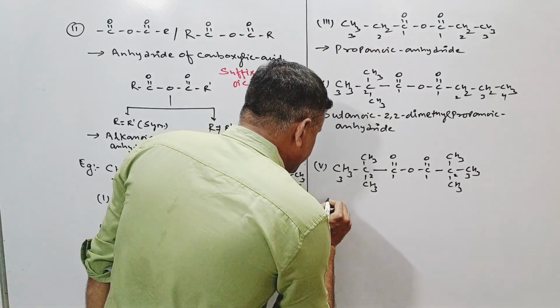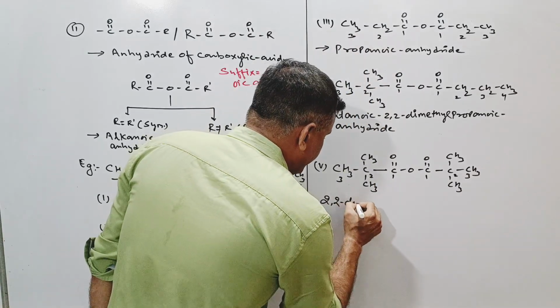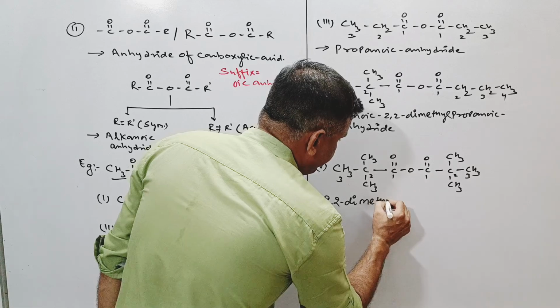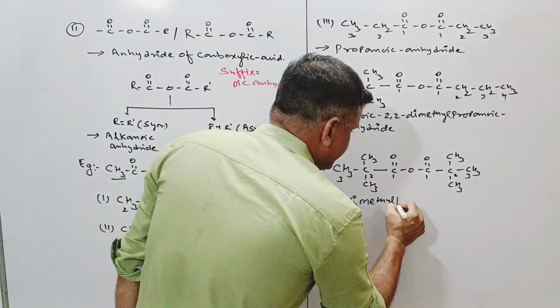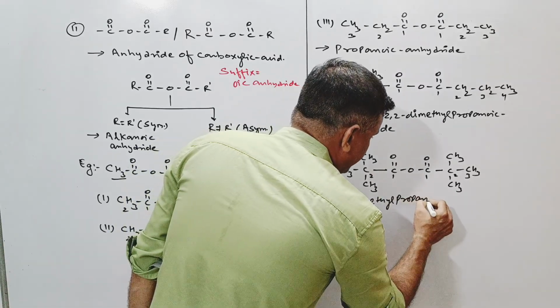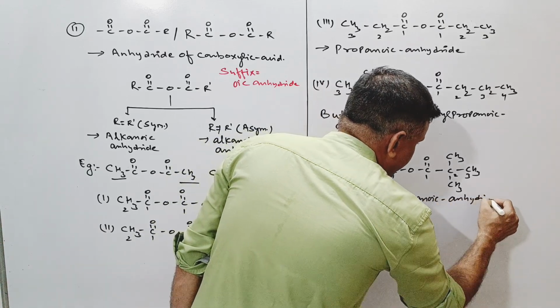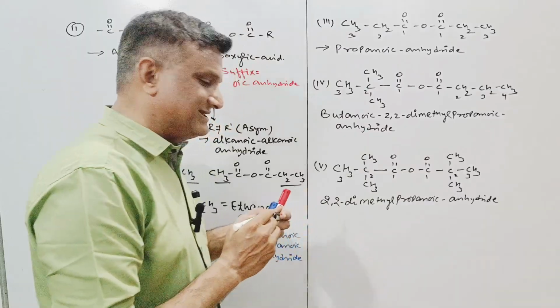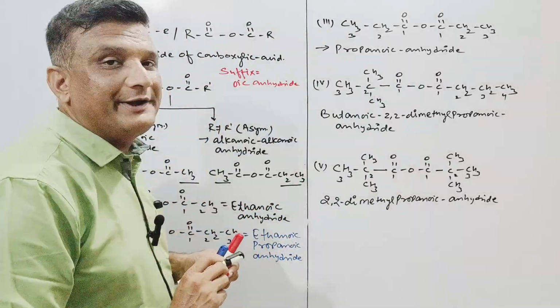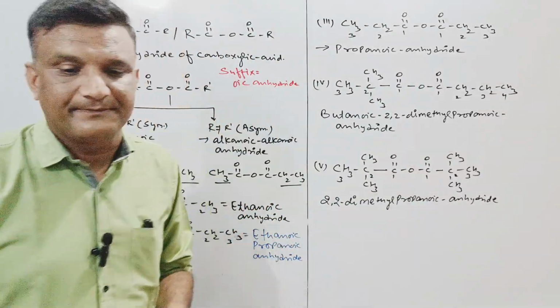Over the number 2 position there are 2 methyls, so 2,2-dimethyl. There are 3 carbons in the chain, so propanoic, and it will be anhydride. So this was about the next functional group, oic anhydride alone.